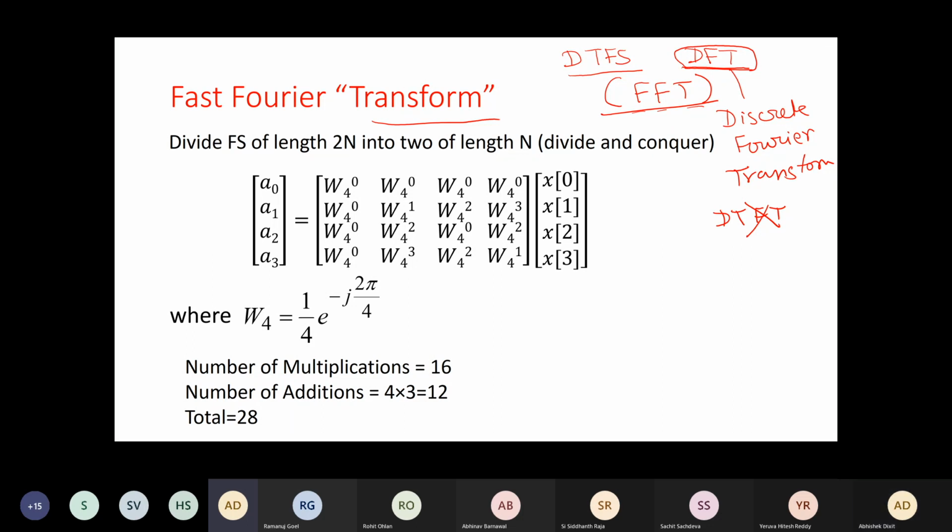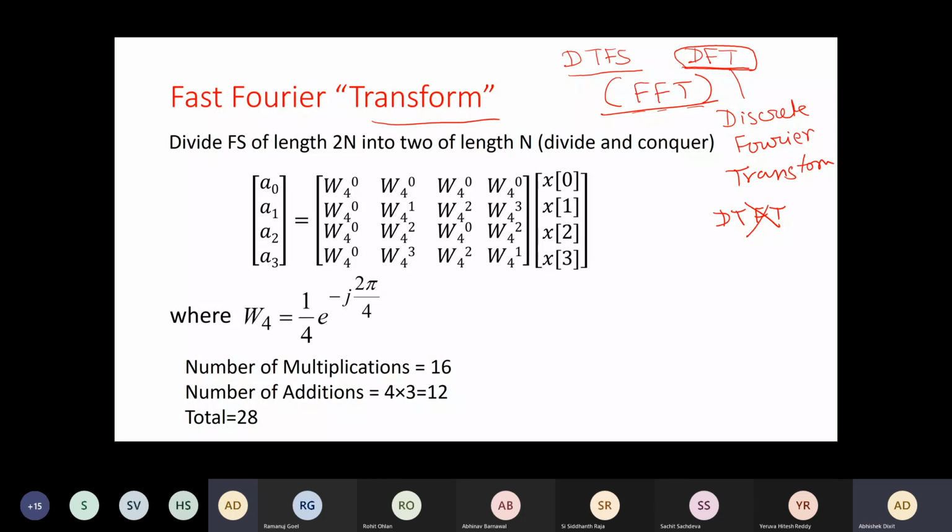Okay. So now let us look at one particular FFT algorithm, which was proposed first, and then there are various other improvements to this FFT algorithm. So what does this say? Let us look at this strategy and then we will eventually understand it.